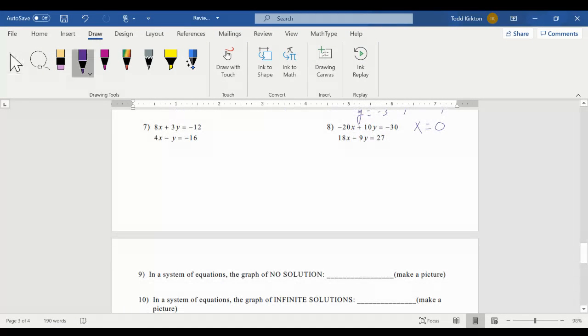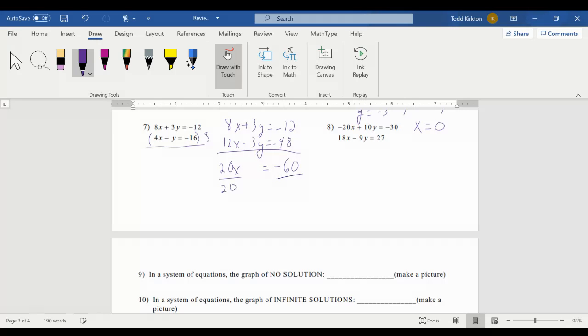This one, the x and y are on the same side of the equation. I would use elimination. I cannot add them and make anything go away, but I can multiply the second equation by 3, and that will make the y's go away. So 8x plus 3y equals -12. 12x minus 3y equals -48. Now I can add and eliminate. So 20x equals -60.